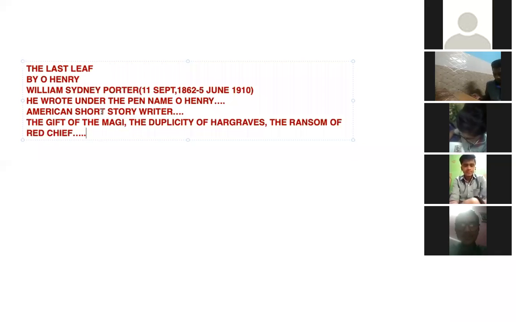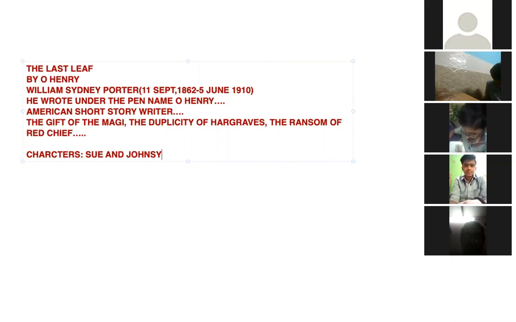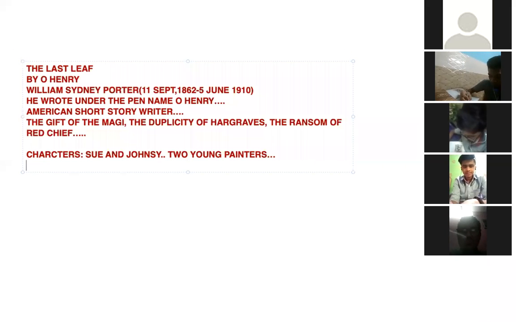Okay, so in this, let's check the characters first. The characters in this story are Sue and Johnsy. These are two young painters. Then we have the second character. He is also a painter, but he is a bit old person.